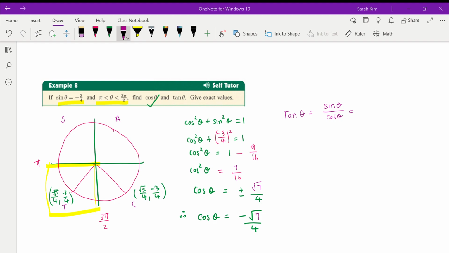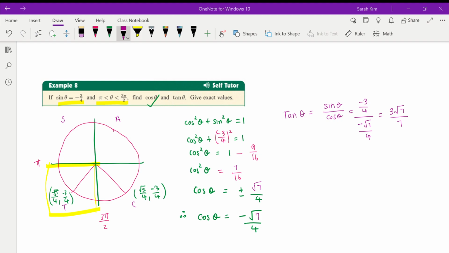Great. Now all I have to do is write my sine theta at the top, which is minus 3/4. And then my cos theta on the bottom, minus square root 7/4. And then chuck that in the calculator or simplify it. And you should have your answer. And I get 3 square root 7/7.